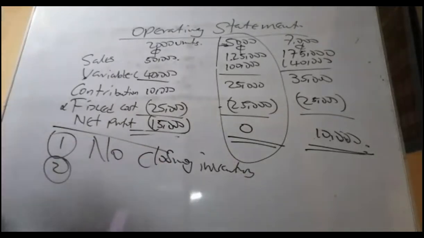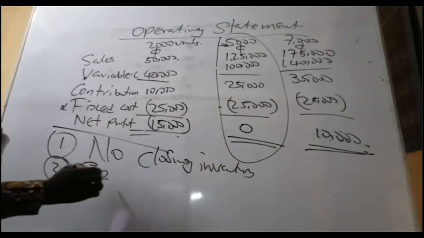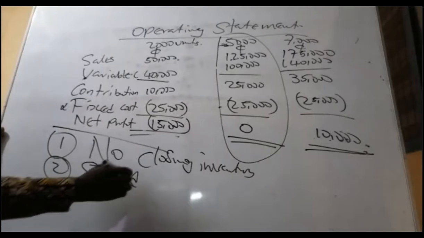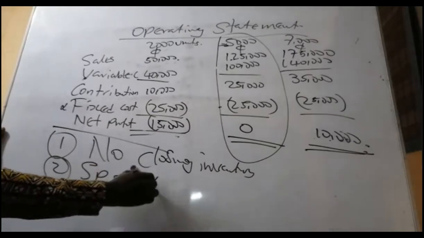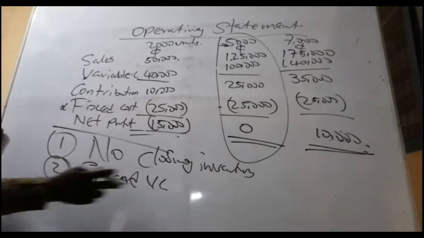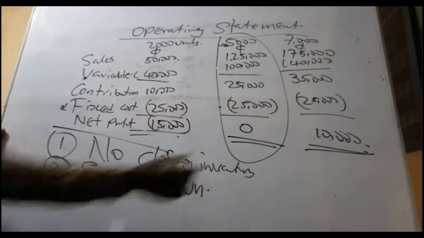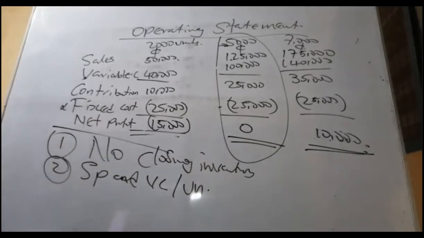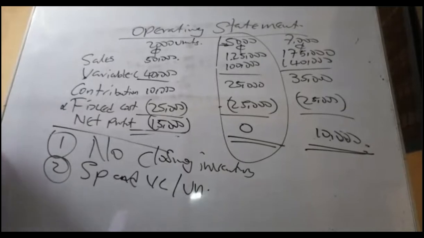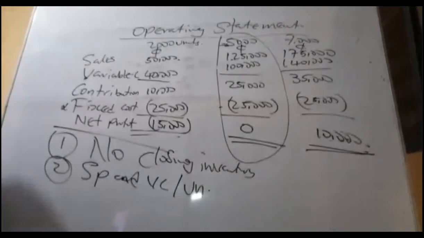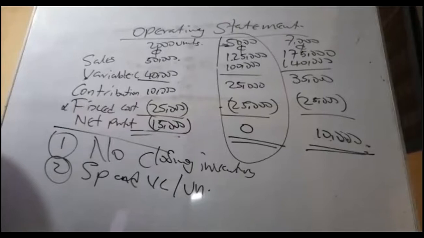Point number two, it assumes that selling price and variable cost per unit remain constant, or the same, at all levels of activity.